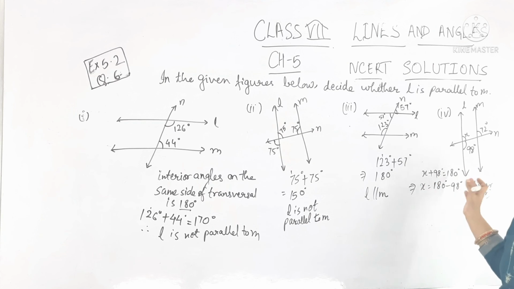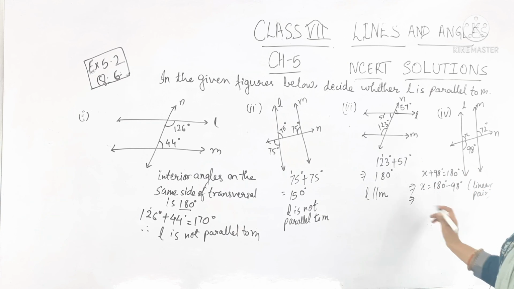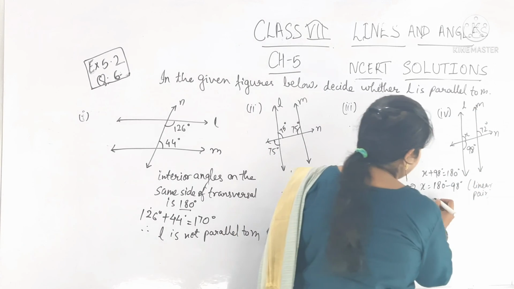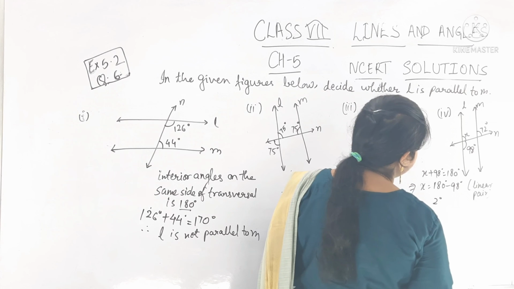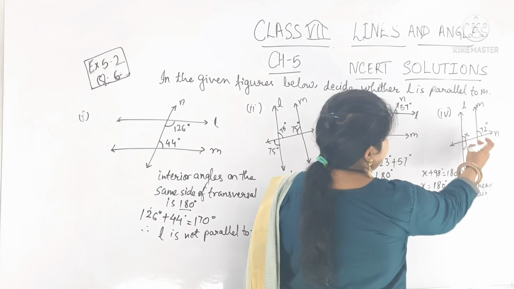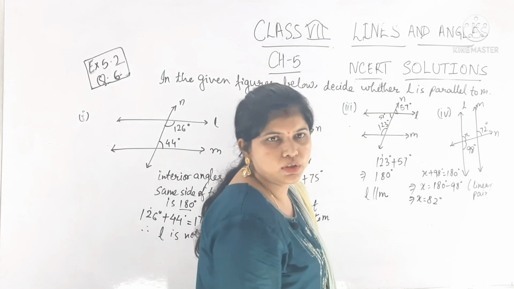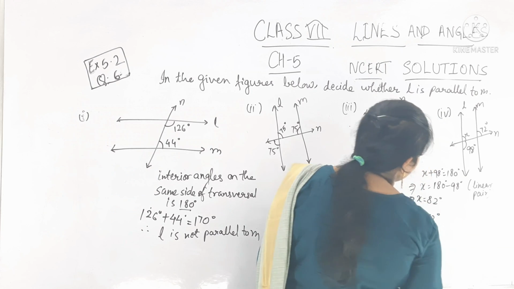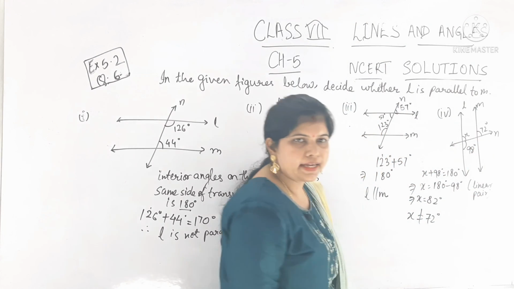Like this you can start. So 180 degrees minus 98 degrees is 82 degrees. X equals 82 degrees, and here it is given 72 degrees. So X is not equal to 72 degrees, because these are the corresponding angles.